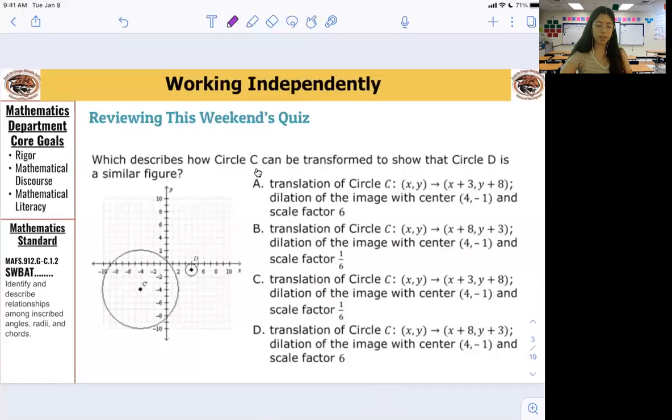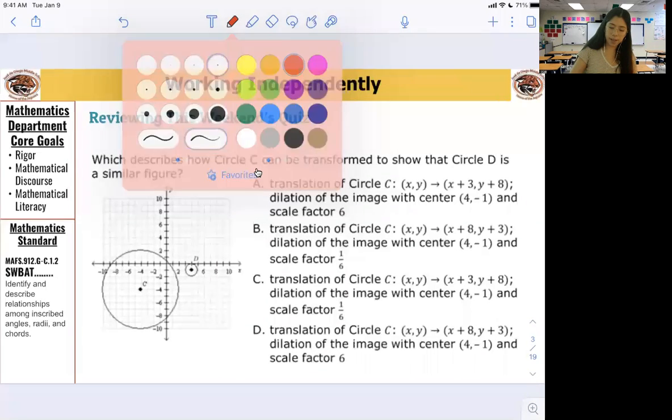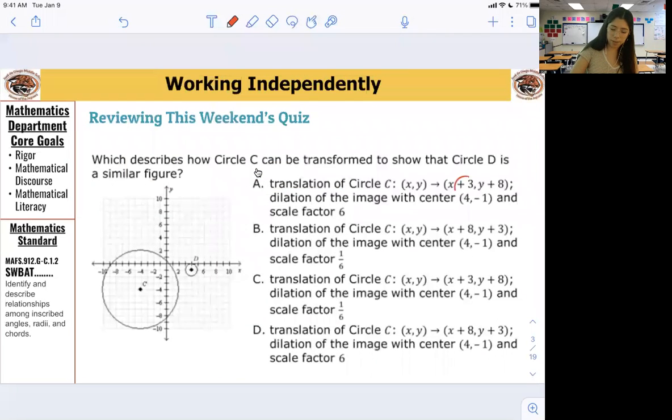Okay, so let's read these possibilities carefully. Example A. It's telling me to add 3 to the x value and add 8 to the y value. So what is that telling me to do? 3 to the right and 8 units up.